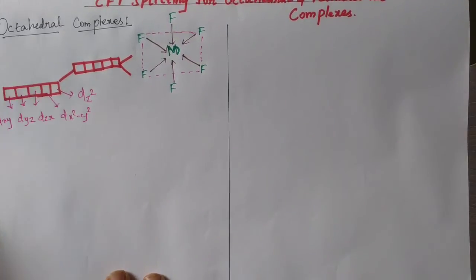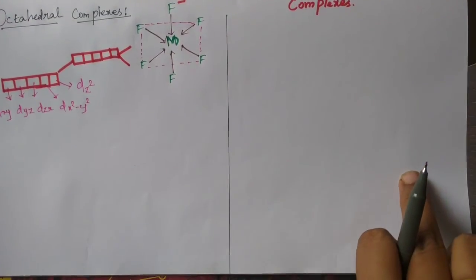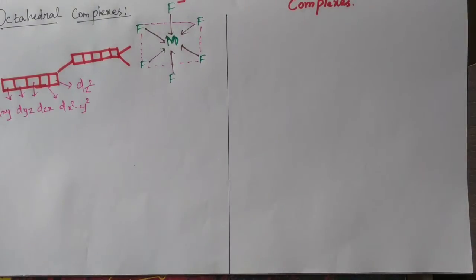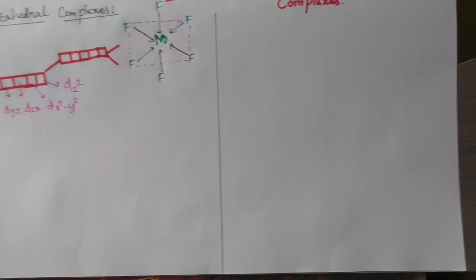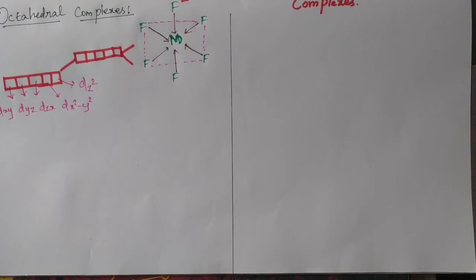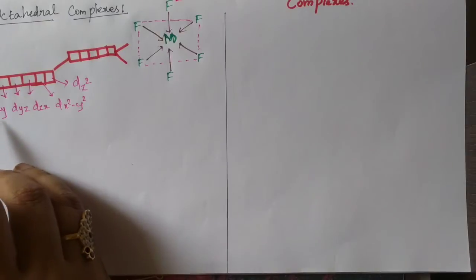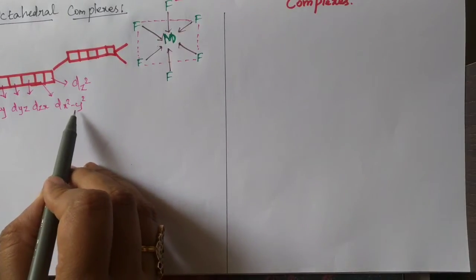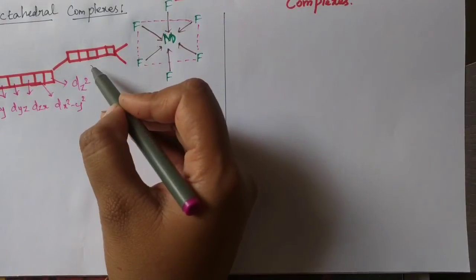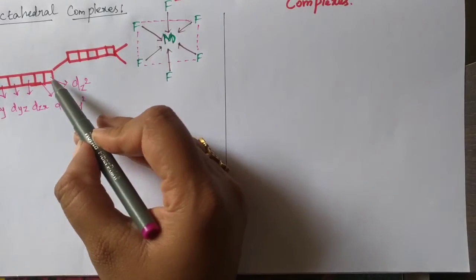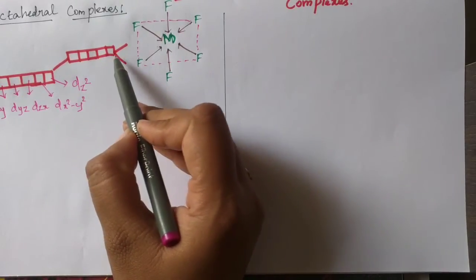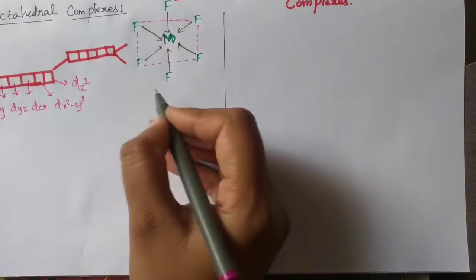Okay students, these are the 5 d orbitals. They are degenerate orbitals, all having the same energy. Once ligands approach, what happens? It is lifted to a non-degenerate level. Here it splits into 2 sets.